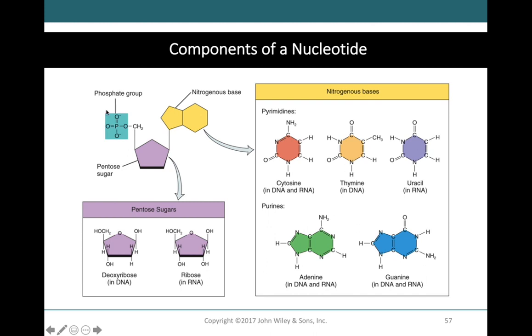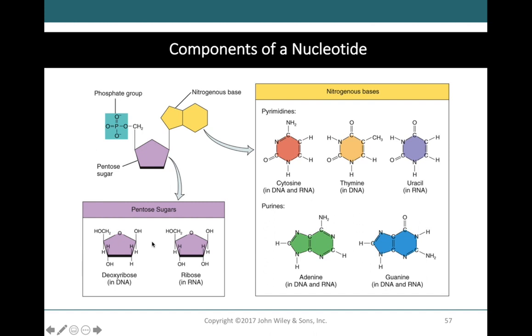But depending on the type of nucleic acid that we have, and which particular nucleotide we're talking about, that's going to be indicating these other two groups here. Whichever the pentose sugar is, ribose or deoxyribose, if you remember back on the carbohydrate slide when I showed you the different monomers of carbohydrates, or the monosaccharides, these deoxyribose and ribose were two different types of pentose sugars.